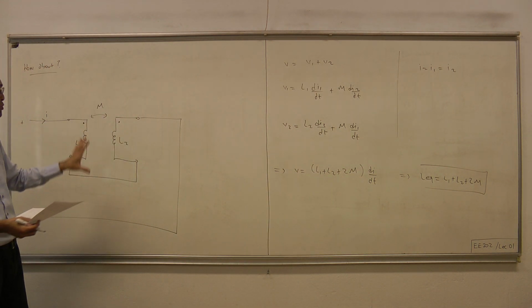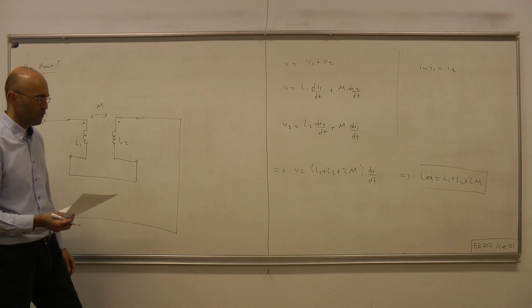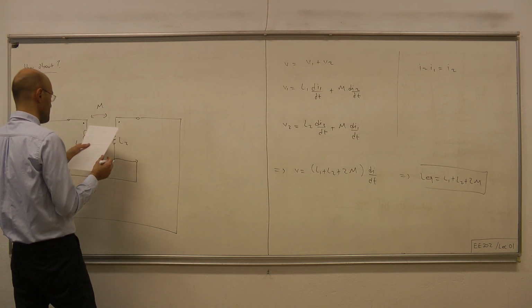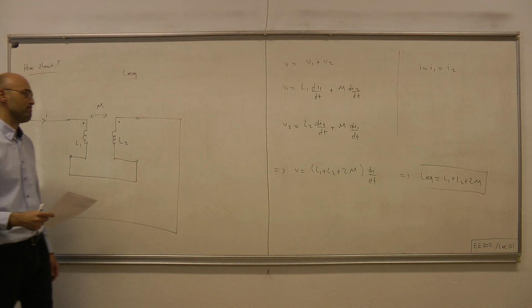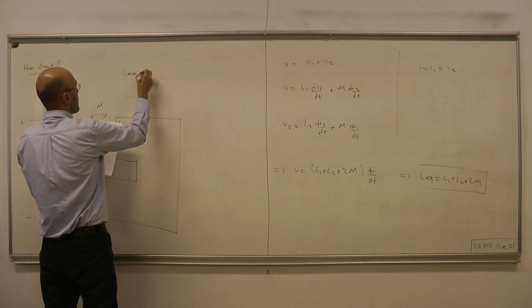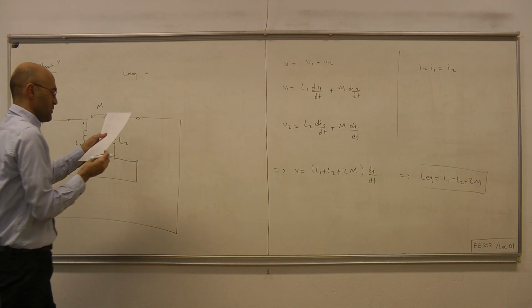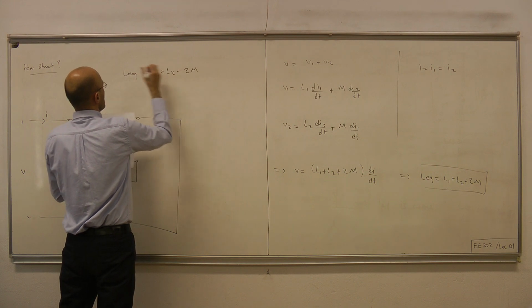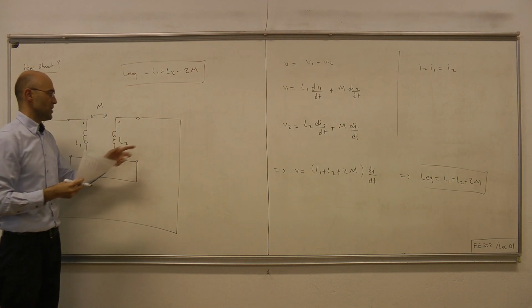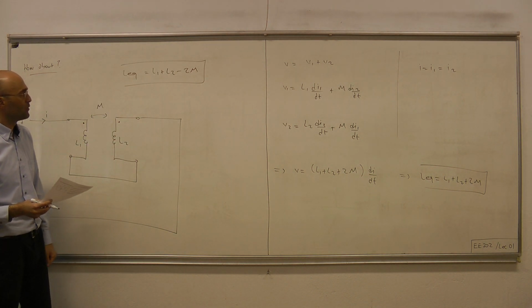No matter how you choose to do the labeling, you will obtain the same answer, and maybe some of you directly see it without any computations, but basically it is L1 plus L2 minus 2M. Okay, so that would be a nice exercise to figure out.